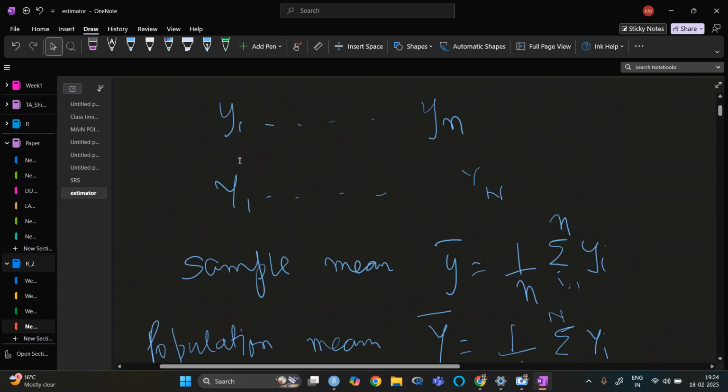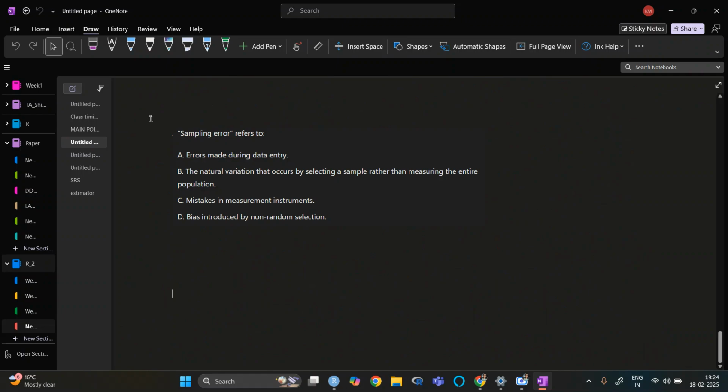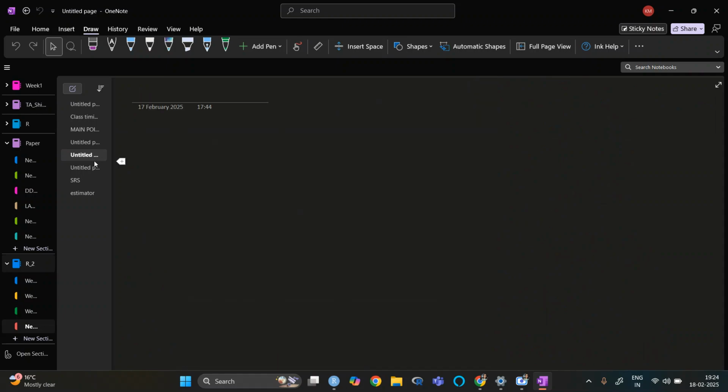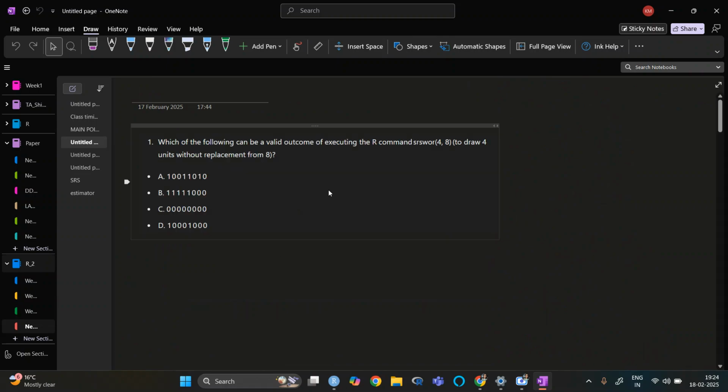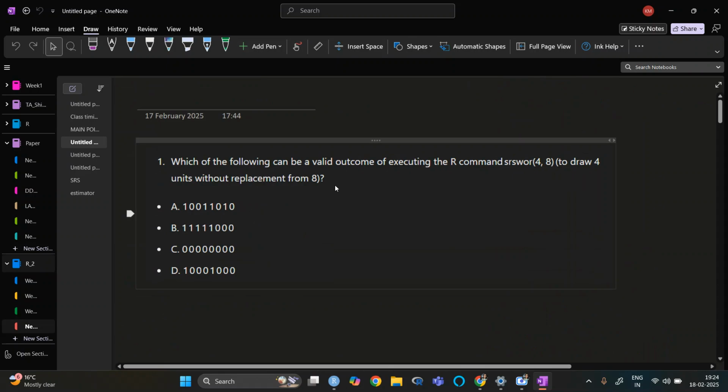Now we will do some question answers based on that. These are some basic questions, just a basic repetition of whatever we have learned. The first question is: which one of the following can be the valid outcome of executing SRSWOR 4 from 8?